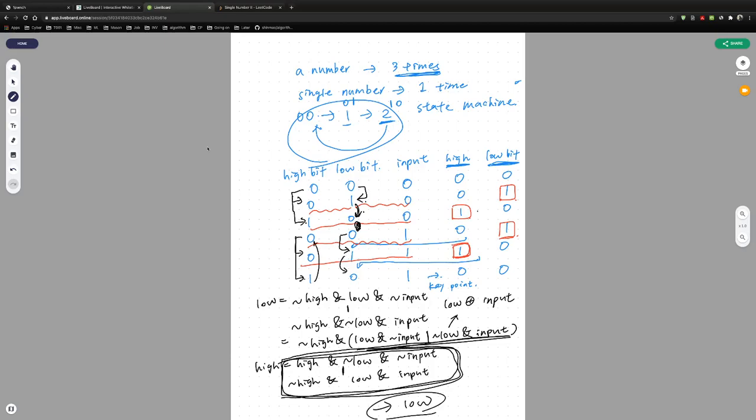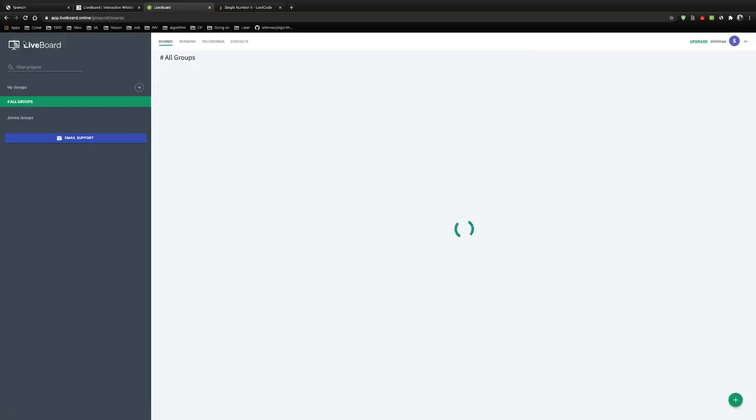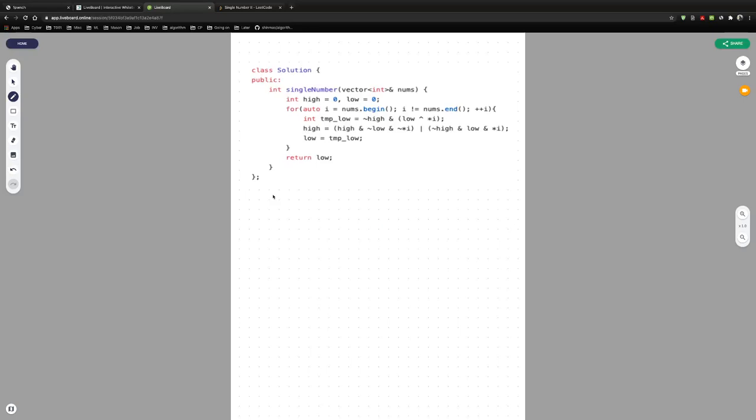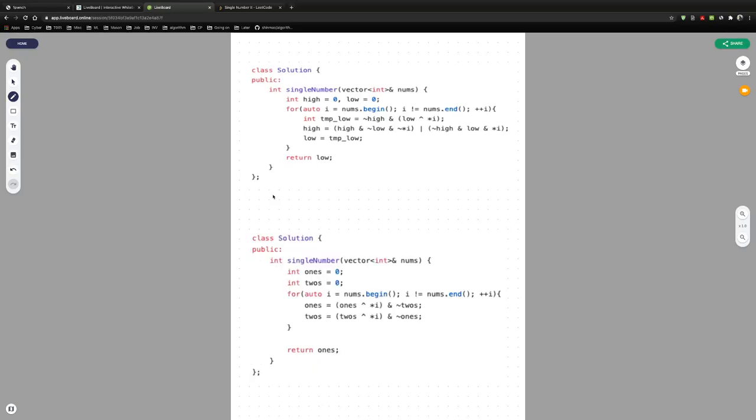Okay, let's look at our code to make sure the idea is right or wrong. Okay, so this is our solution.